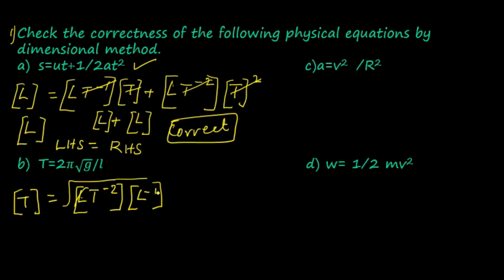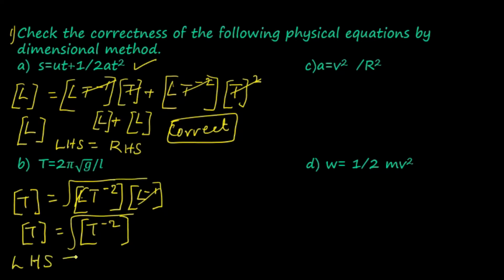This L and this L^-1 get cancelled. But what remains? T on the left hand side and root of T^-2 on the right hand side, equal to T^-1. It does not tally. So the left hand side does not agree with the right hand side. So this physical equation is dimensionally incorrect.